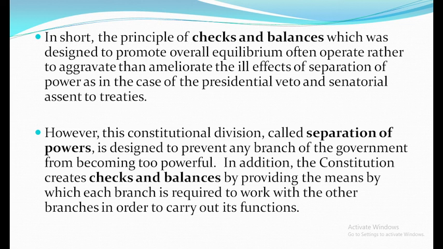In spite of its many defects, the principle of separation of powers and checks and balances has more positive points to contribute towards the governance of the United States of America than its own negative impact. In short, a healthy combination of these two principles has done wonders in the working of the Constitution of United States.